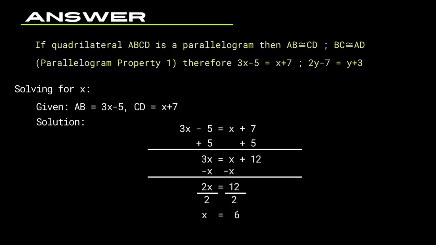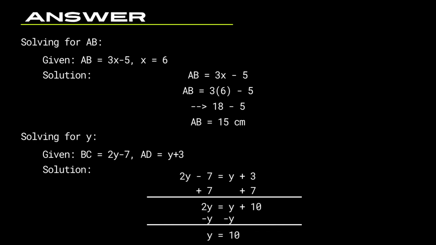Then we subtract x from both sides, which gives us 2x is equal to 12. Now, we divide both sides by 2 to give us the value of x, which is 12 divided by 2 is 6. Therefore, the value of x is 6.